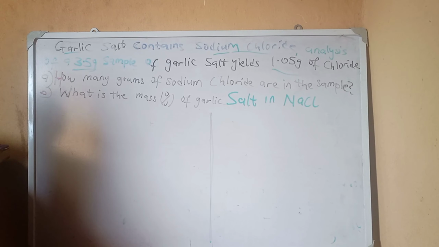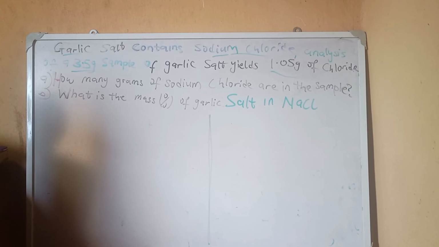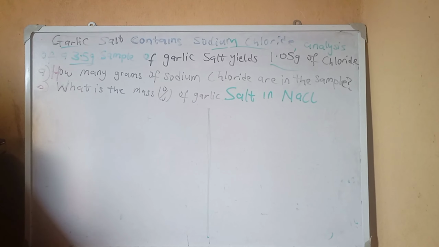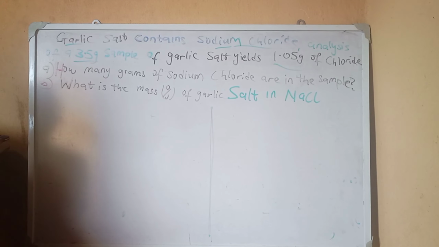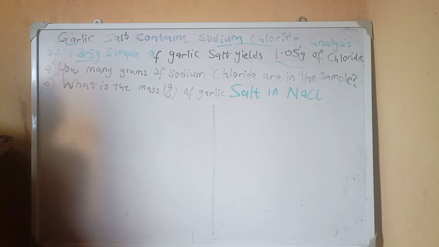And the question is, how many grams of sodium chloride are in the sample? Let's start from that question. How do we go about answering it? From our previous video, I taught us what I prefer to call mass fraction, and another word for it is relative mass.